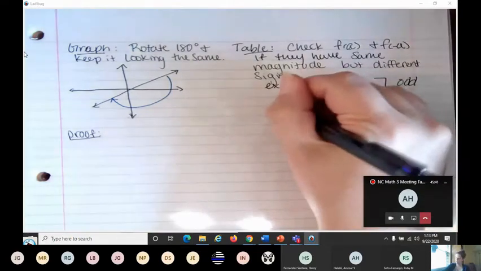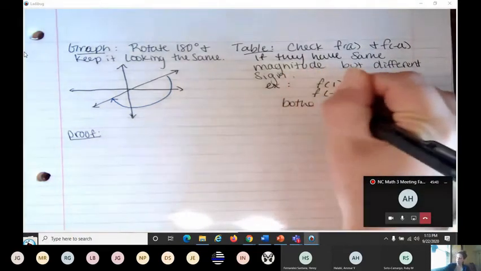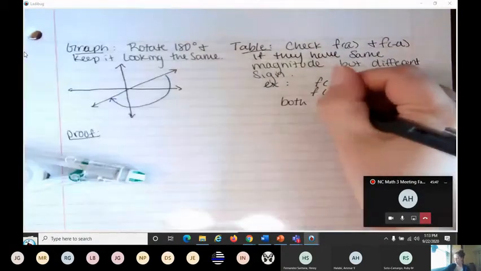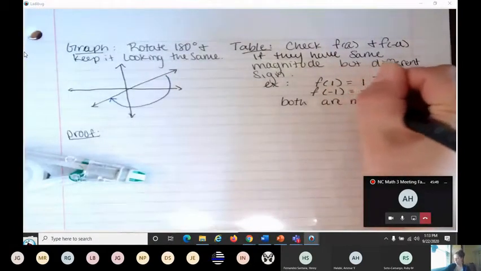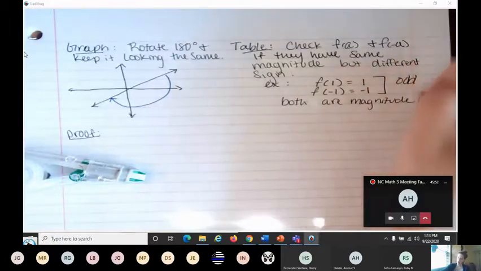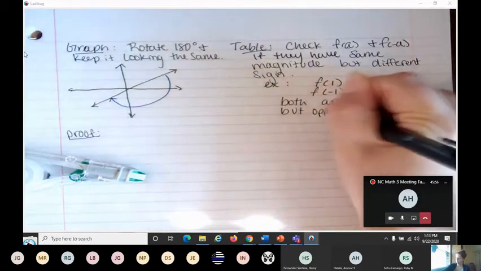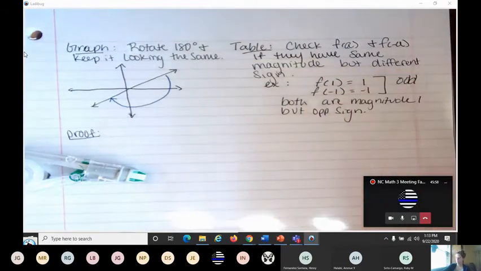So both are, I can't spell, I'm so sorry. Magnitude 1, but opposite sign. Okay, which means that they are indeed odd.